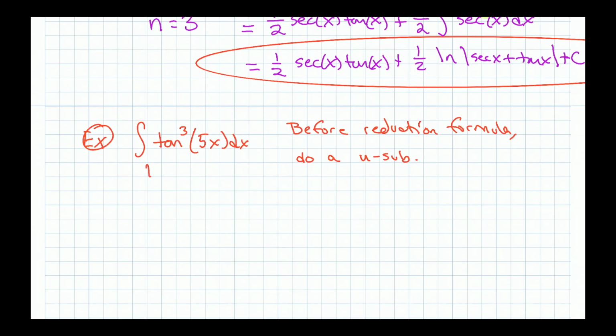It's not hard, right? You just say let u equal 5x. It's just the 5 that's the problem. And then du is 5 dx, or dx is du over 5. So you make your substitution.